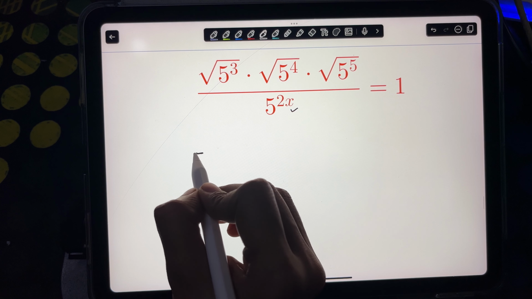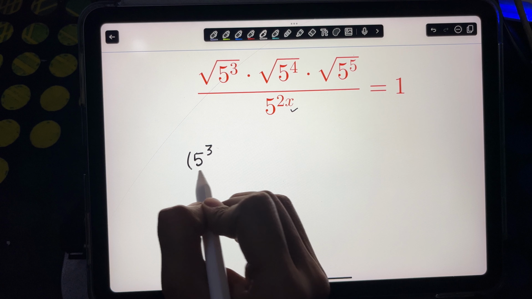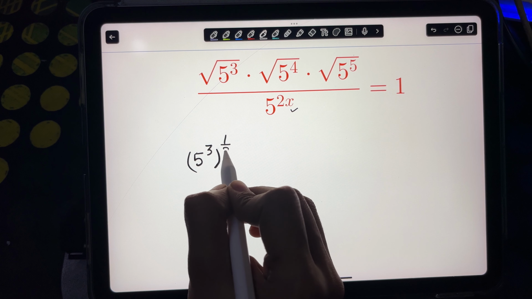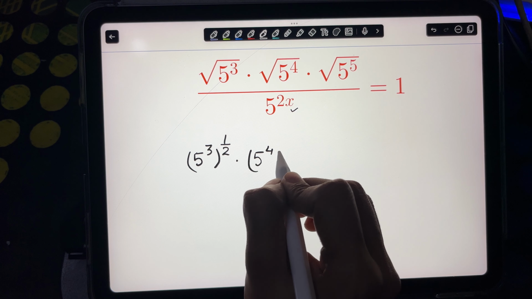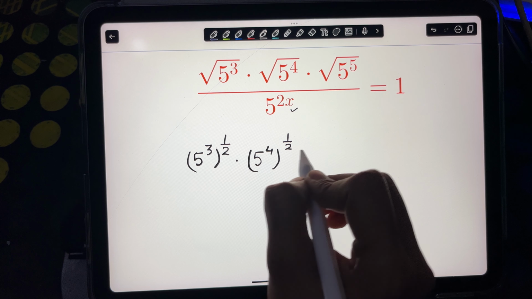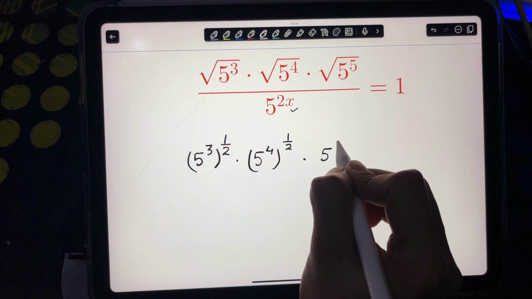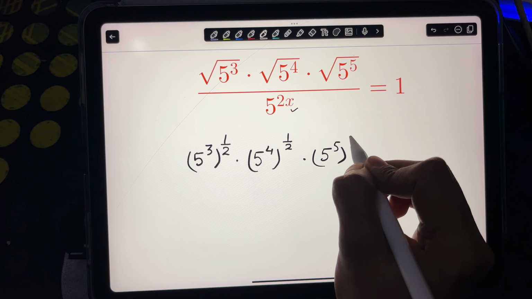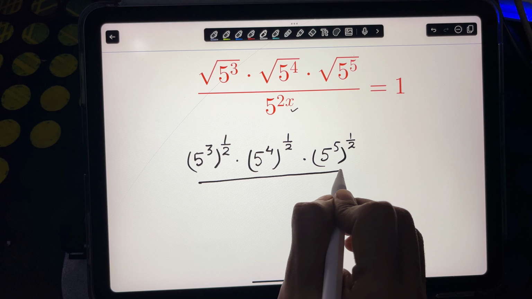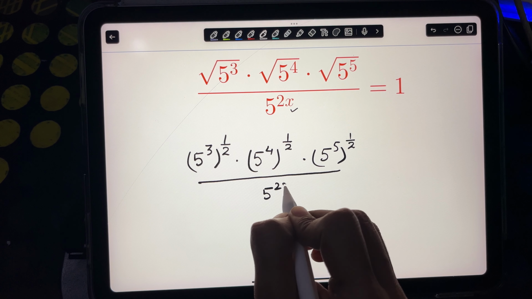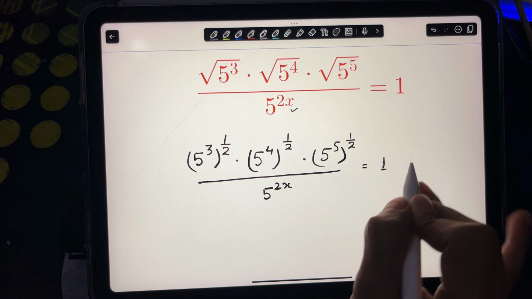5 to the power 3, then whole to the power 1 upon 2, times 5 to the power 4 whole to the power 1 upon 2, times 5 to the power 5 whole to the power 1 upon 2, upon 5 to the power 2x is equal to 1.